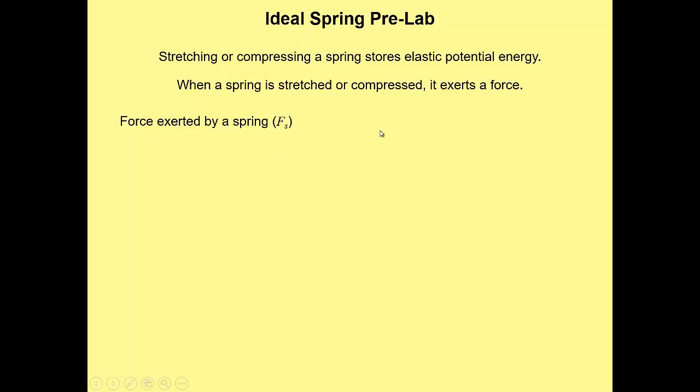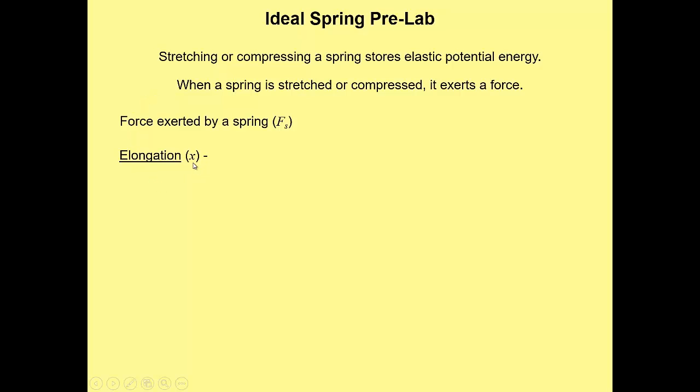And then the other variable, as we talked about here, is how much it is stretched or compressed, which is going to affect this. So one little thing here is that we tend to use a little more complex term sometimes instead of stretched. There's a term called elongation, or how much the spring is elongated.